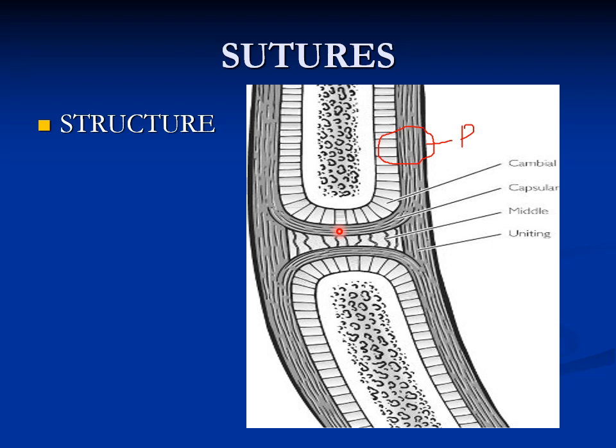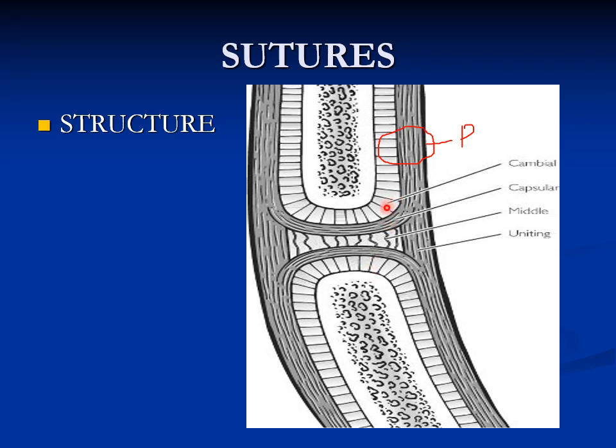So now you can see that this is bone number 1 having its cambial layer, then its capsular layer, then there is intermediate uniting tissue known as middle layer or the sutural ligament, and then you can see there is again the fibrous layer and cambial layer of the other bone which has to unite in that suture.